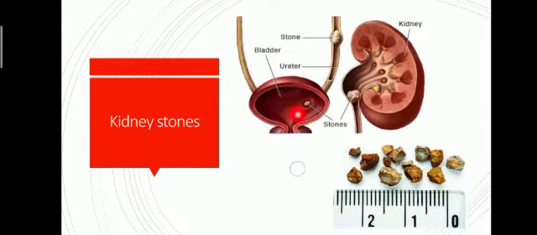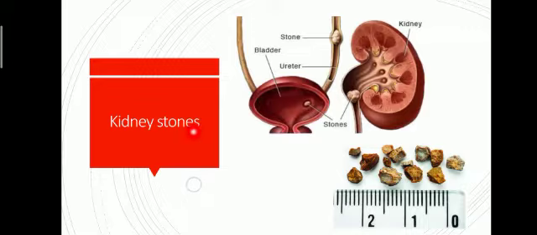Let us come to the next type of disorder which is known as kidney stones. You might have heard about the stones in the kidneys, and those stones are nothing but a composition of minerals or salt.